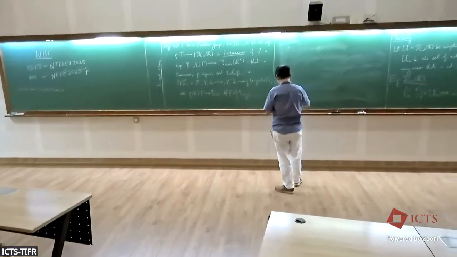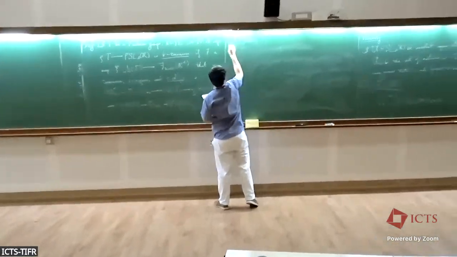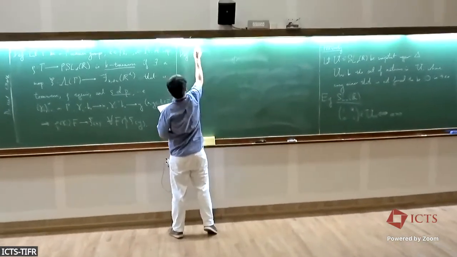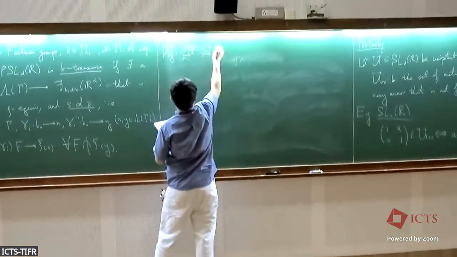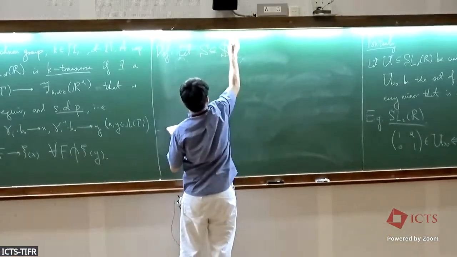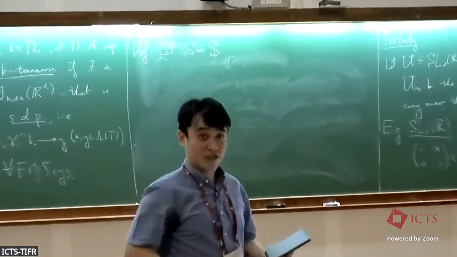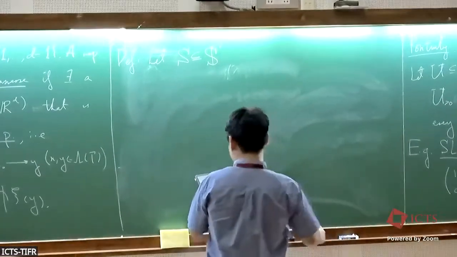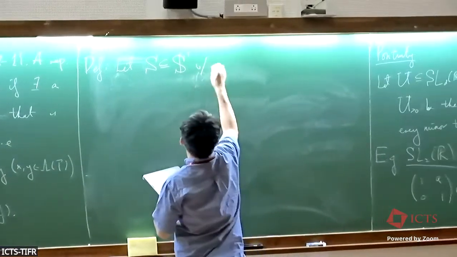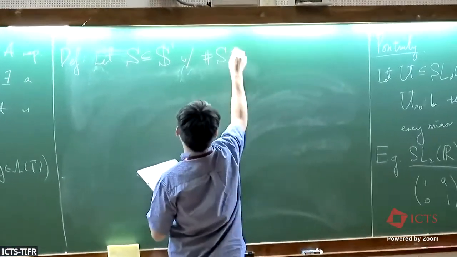Okay, so here's a definition of a positive map. Let S be a subset of the circle. I know people have been using S as a surface, but my S here is just a subset of a circle. I need to know that the size of S is at least 3.